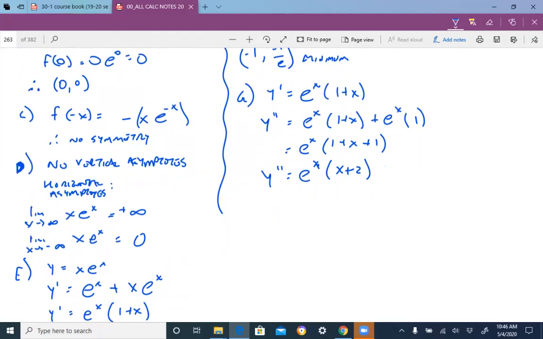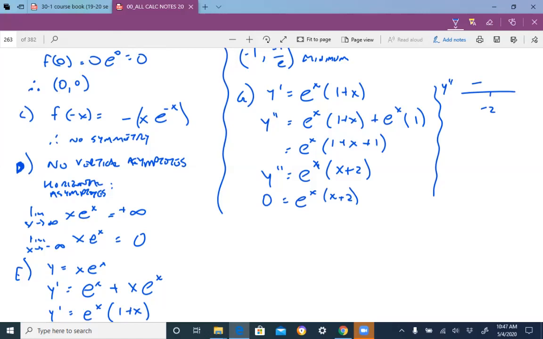And I'm going to run out of room, so I'm just going to write this over here. When this is equal to 0, then our second derivative has a possible point of inflection at negative 2. And when x is less than negative 2, this ends up being negative.